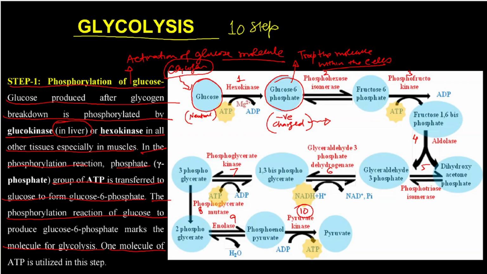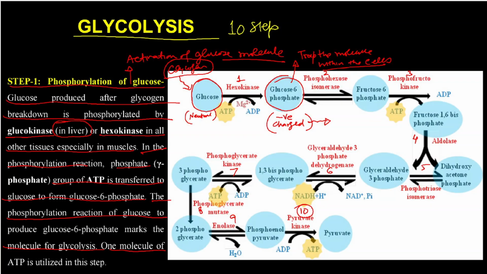It will form ADP, and the phosphate that is released will be used to phosphorylate this glucose. So one ATP molecule is being used here.